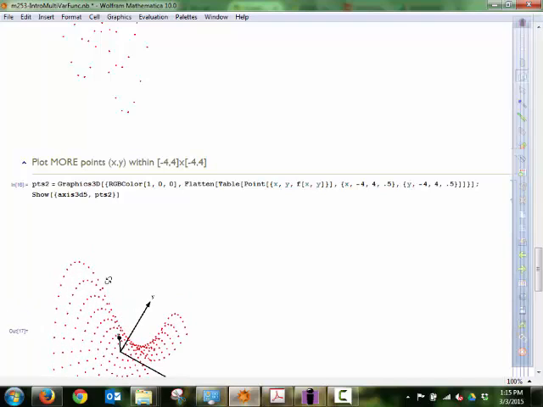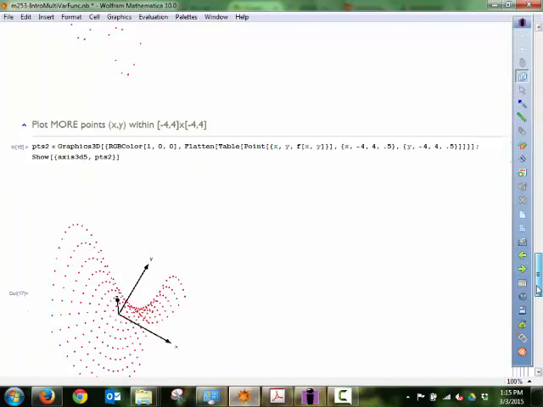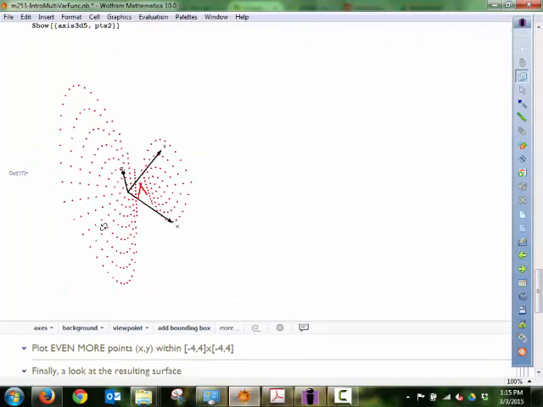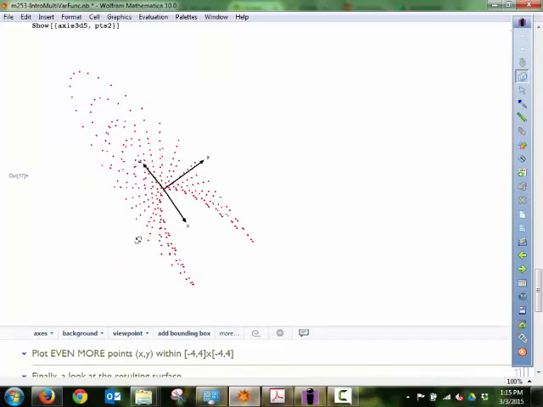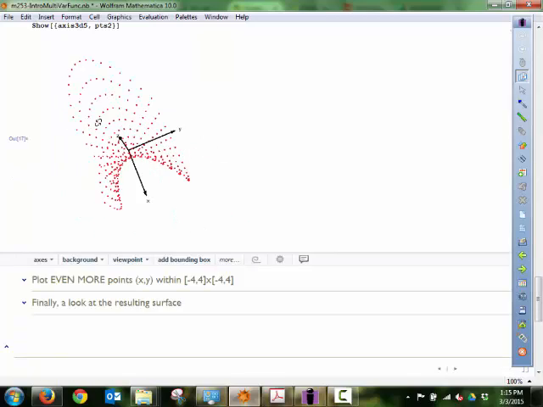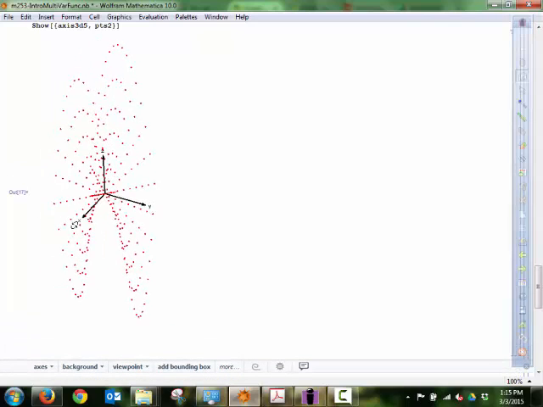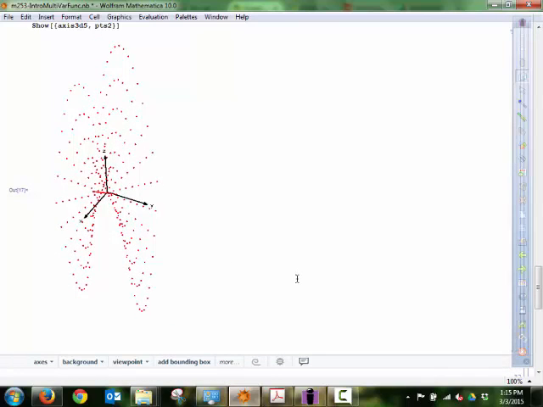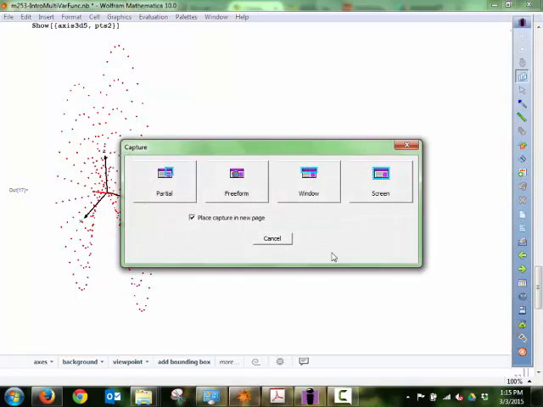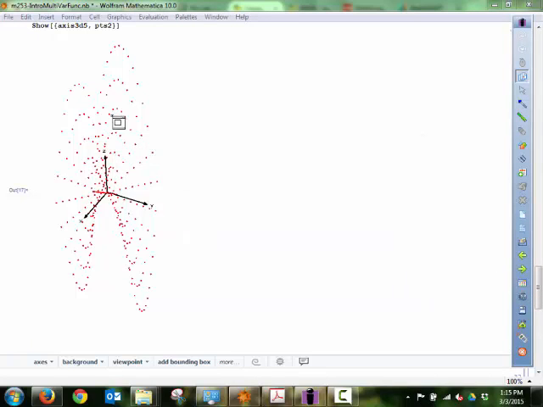Now we get to see the shape a little bit better, right? So that's a little bit better than our first stab at it.